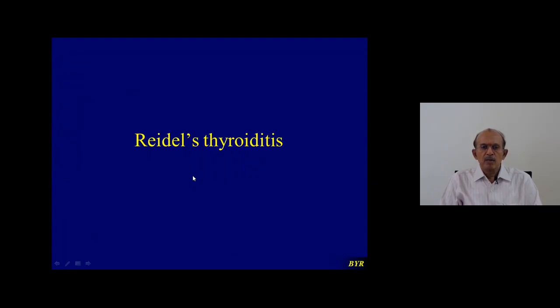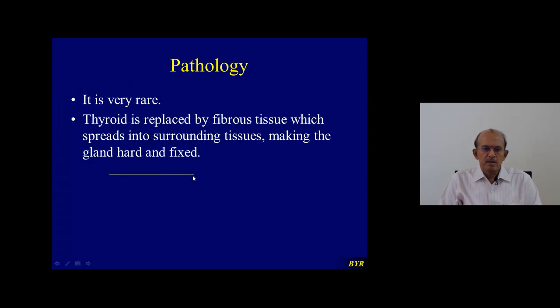Then the next condition is called the Riedel's thyroiditis. It is very rare. Here thyroid is replaced by fibrous tissue which spreads into surrounding tissues, making the gland hard and fixed. What do you call such type of lesions? Where the normal tissue is completely replaced by fibrous tissue and this fibrous tissue spreads into the surrounding tissues.